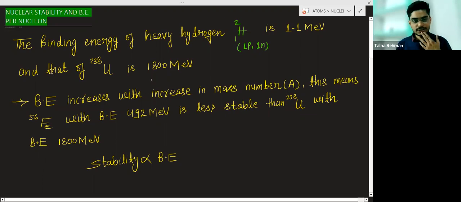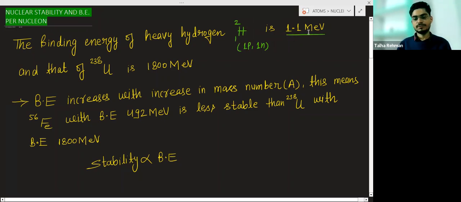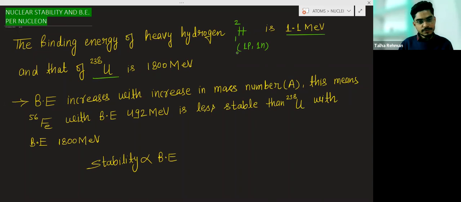First we will read this statement. The binding energy of a heavy hydrogen is 1.1 mega electron volt. And binding energy of uranium 238 is this.